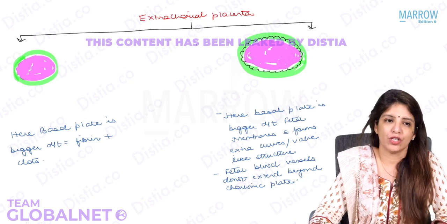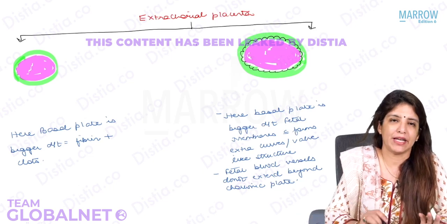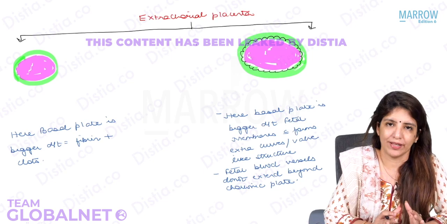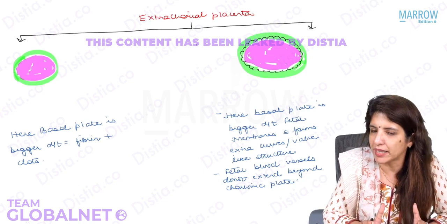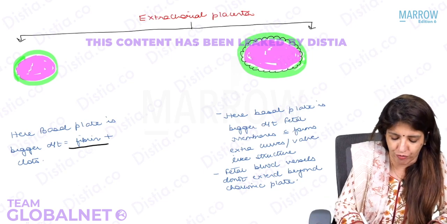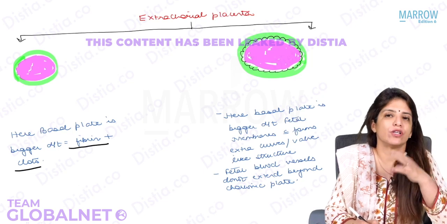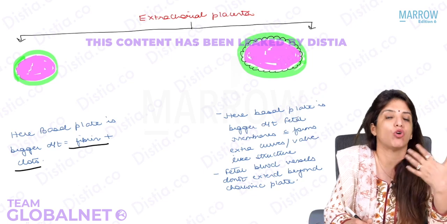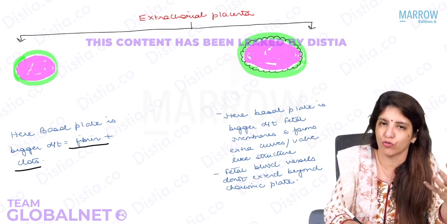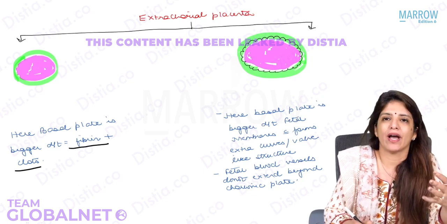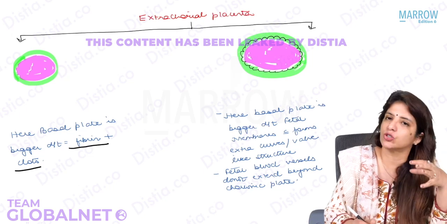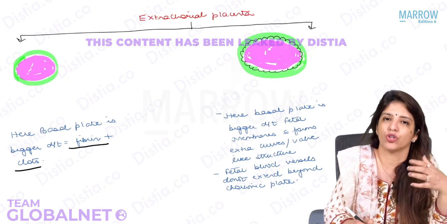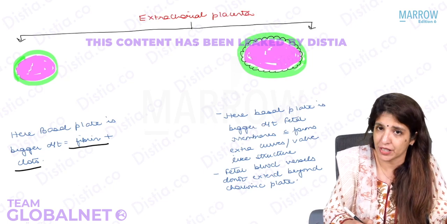In one situation, the basal plate is bigger than the chorionic plate. And why is the basal plate bigger than the chorionic plate? Because of fibrin and clots. So there is swelling of the basal plate, and this swelling is happening because of fibrin and because of clotting. And that is why the basal plate is bigger and the chorionic plate is smaller.